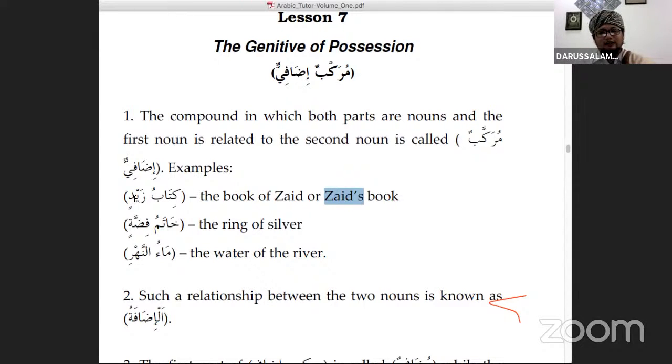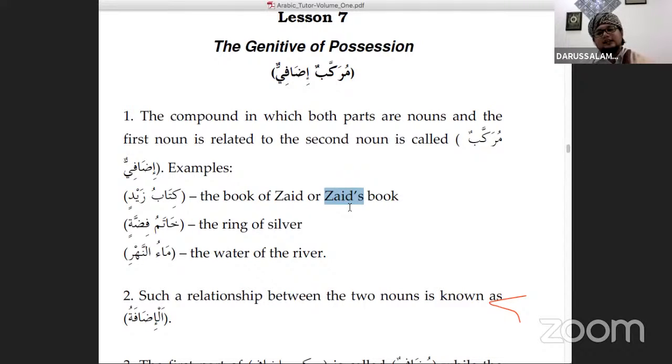Alright, okay. You understand? So another way of translating it is Zaid's book. So you say Zaid first and then you put apostrophe S there in the middle. Zaid's book, like that.